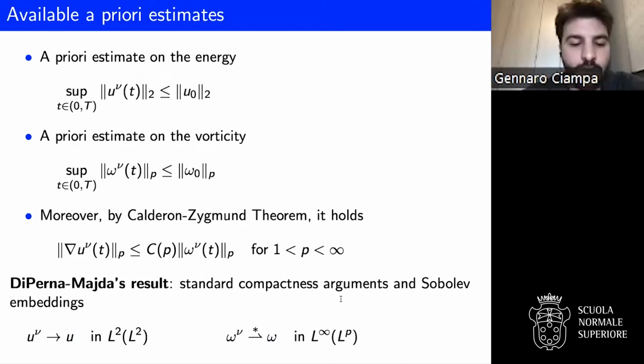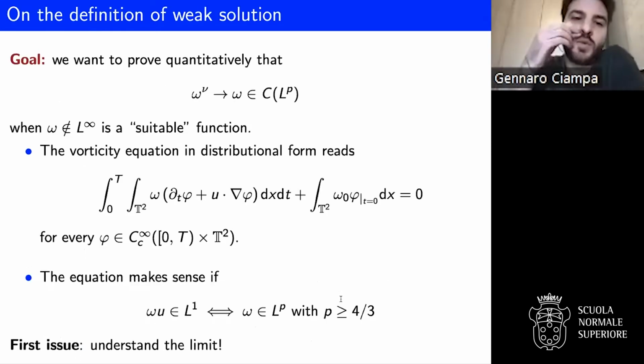So our goal is to prove in a quantitative way that actually the convergence of the vorticity is strong in the case in which omega is not bounded. And in particular, we will prove the convergence towards a suitable function, let's say, since the problem is that a priori we don't know if the limit function omega is a solution of the vorticity Euler equation.